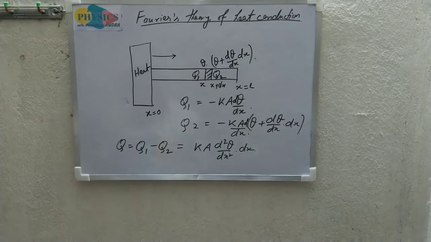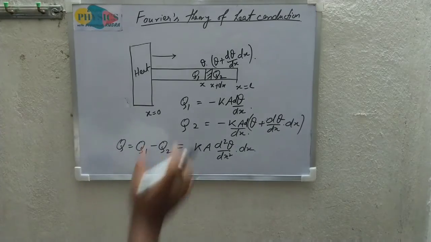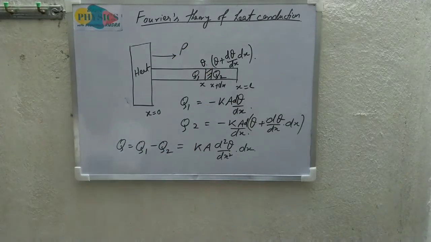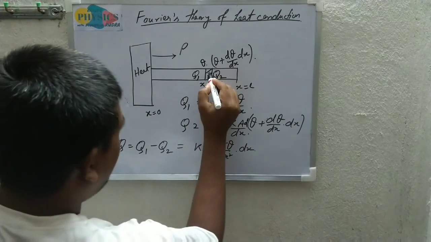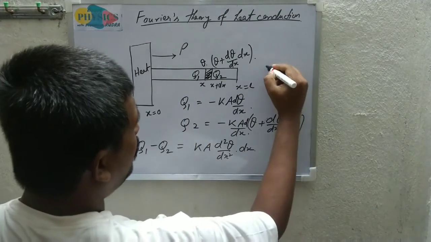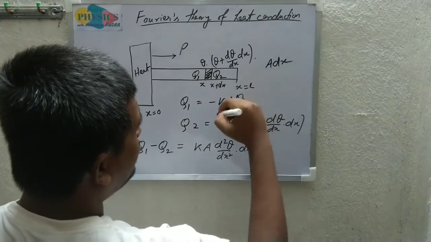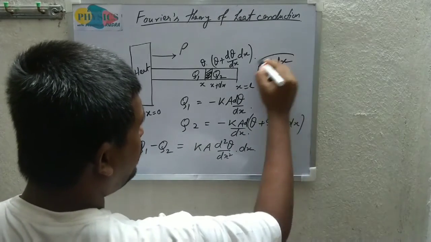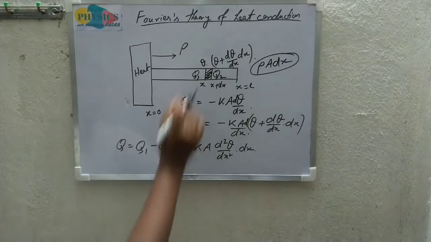Now consider the density of this rod is rho. This rod has volume A into dx. So if you multiply volume into density, it becomes the mass of this section.